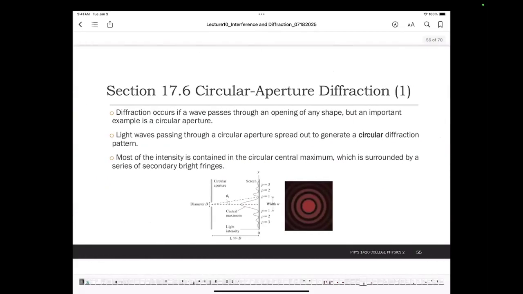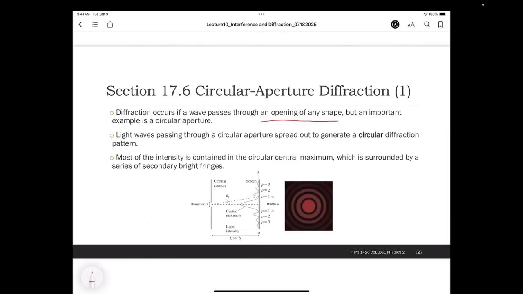Okay, let's continue to talk about circular aperture diffraction. Diffraction occurs if a wave passes through an opening of any shape, but an important example is a circular aperture.